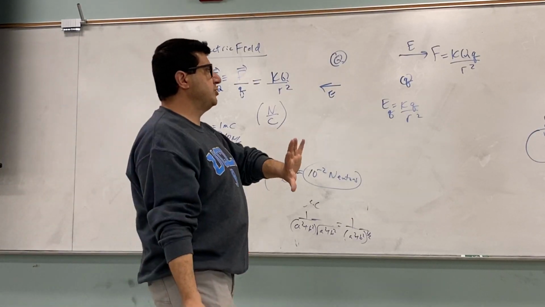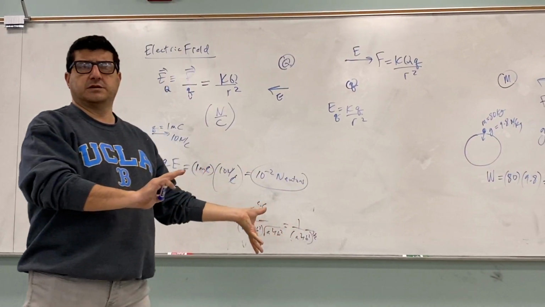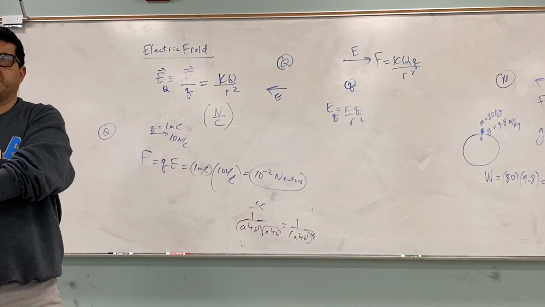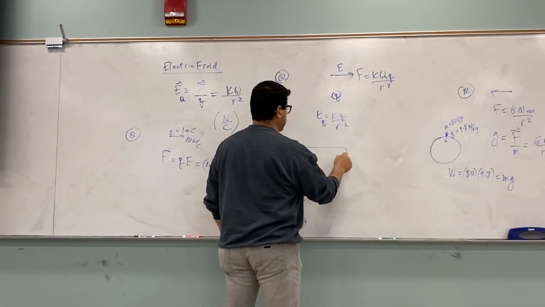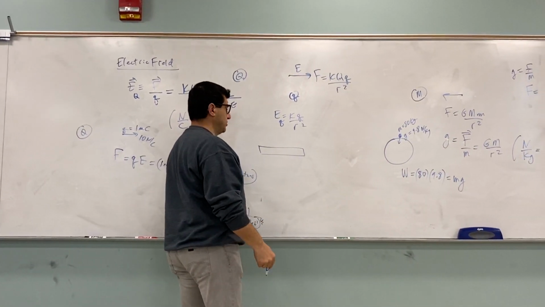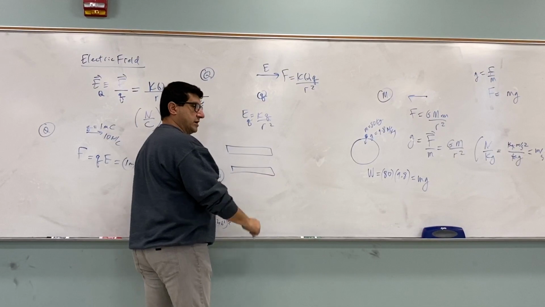So everything that we do for electric field can be done with gravitational field. Once we find out how to find the electric field of a rod, you can find the gravitational field of a rod.